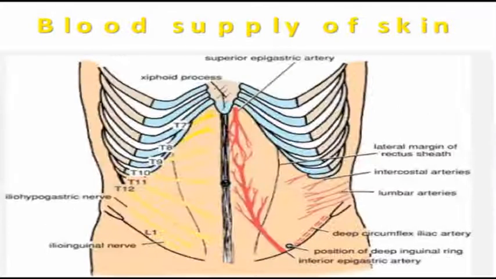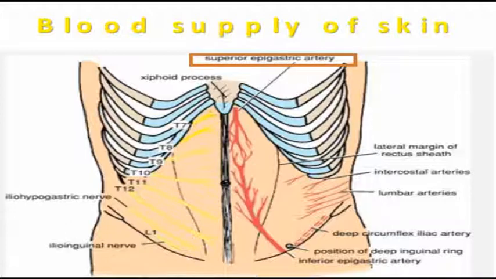So now we will talk about the blood supply of the skin, which is generally common in the anterior abdominal wall. The superior epigastric artery is the branch of the internal thoracic artery, which is further a branch of the subclavian artery, and there you can see the inferior epigastric artery, which is the branch of the external iliac artery, which then goes upward and anastomoses with the superior epigastric artery.